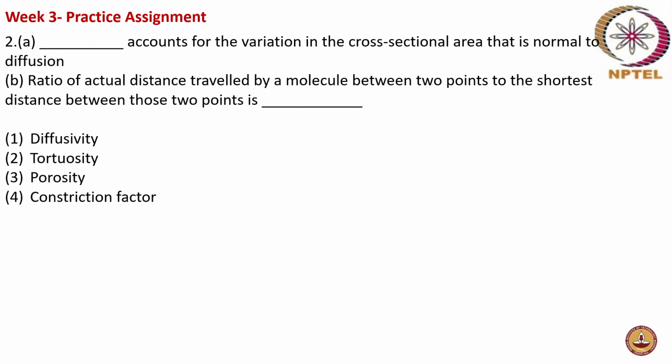And part B is: the ratio of the actual distance traveled by a molecule between 2 points to the shortest distance between those 2 points. What are these? You can choose from the four options given: diffusivity, tortuosity, porosity, or constriction factor.